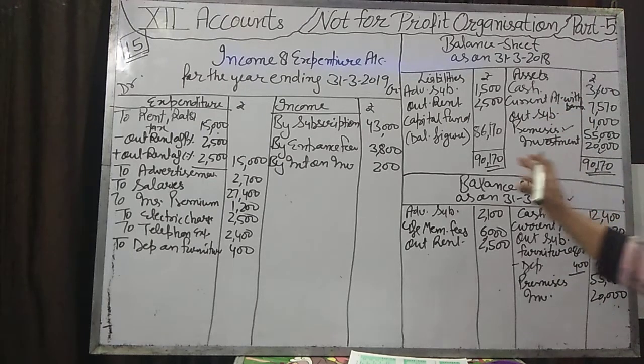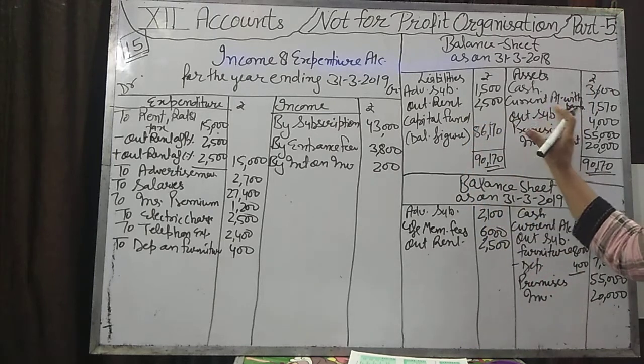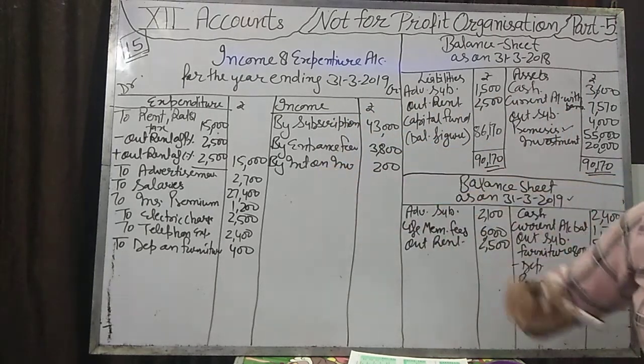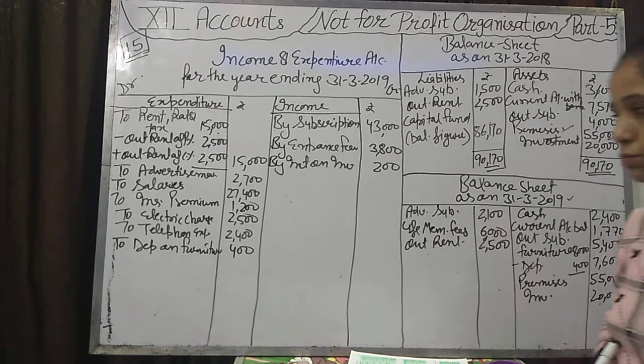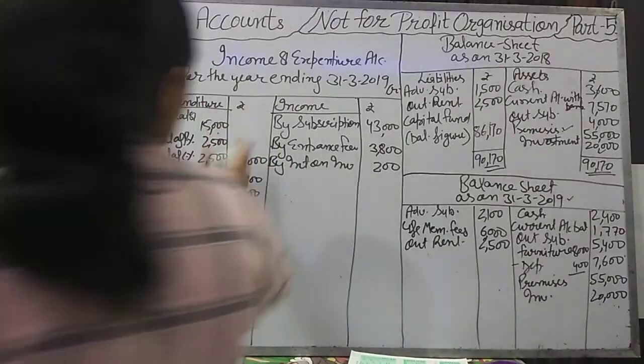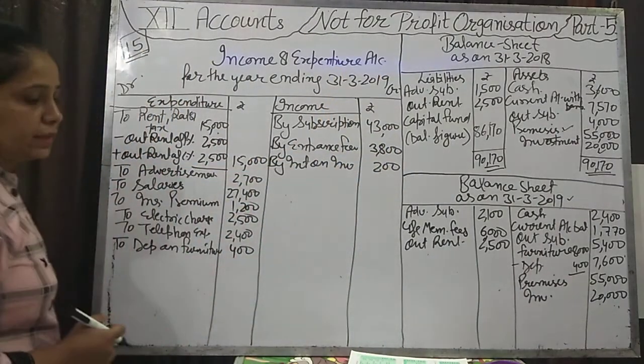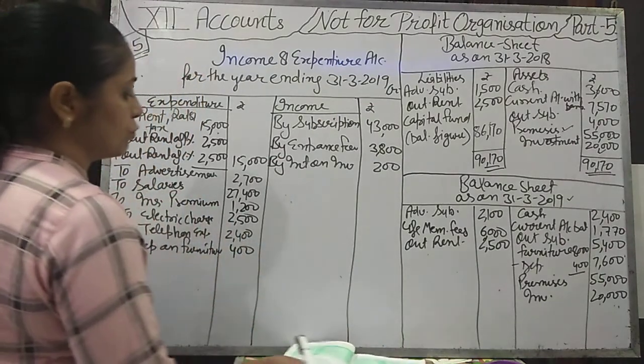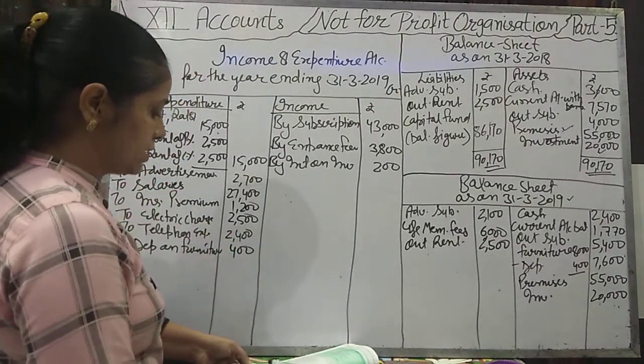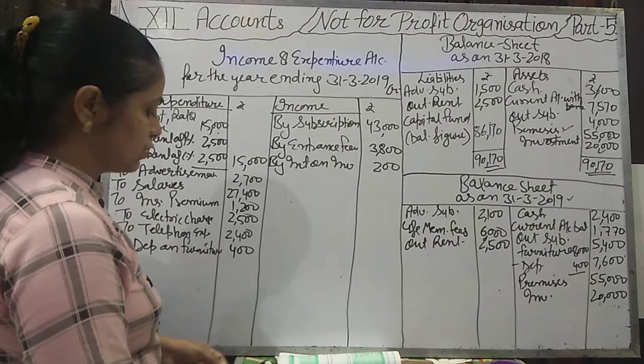Now after that opening balance sheet, we will do the calculation of the income and expenditure account. We will do the total of both sides, then find out the difference of both sides. If credit side is more than debit side, then it will be surplus.